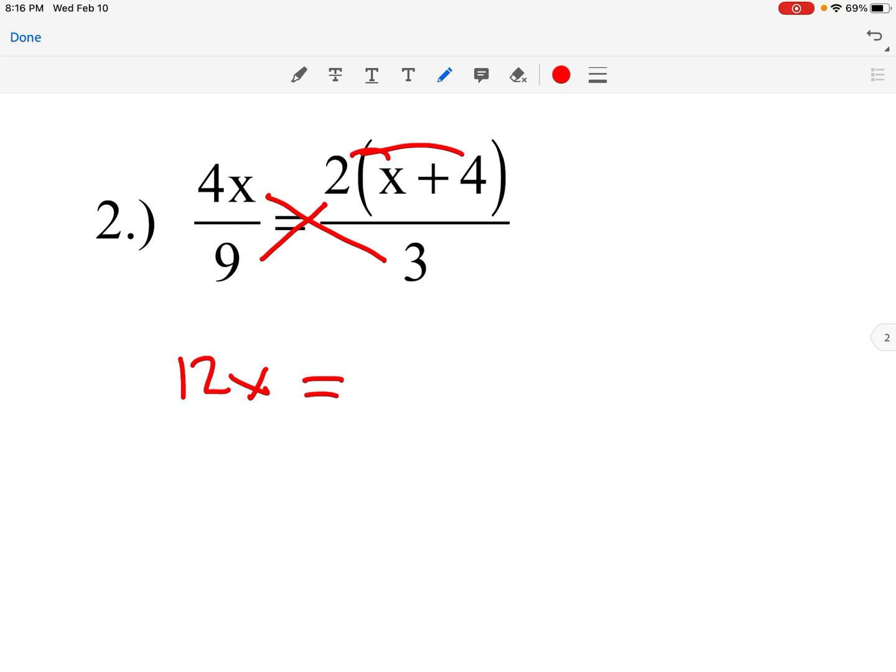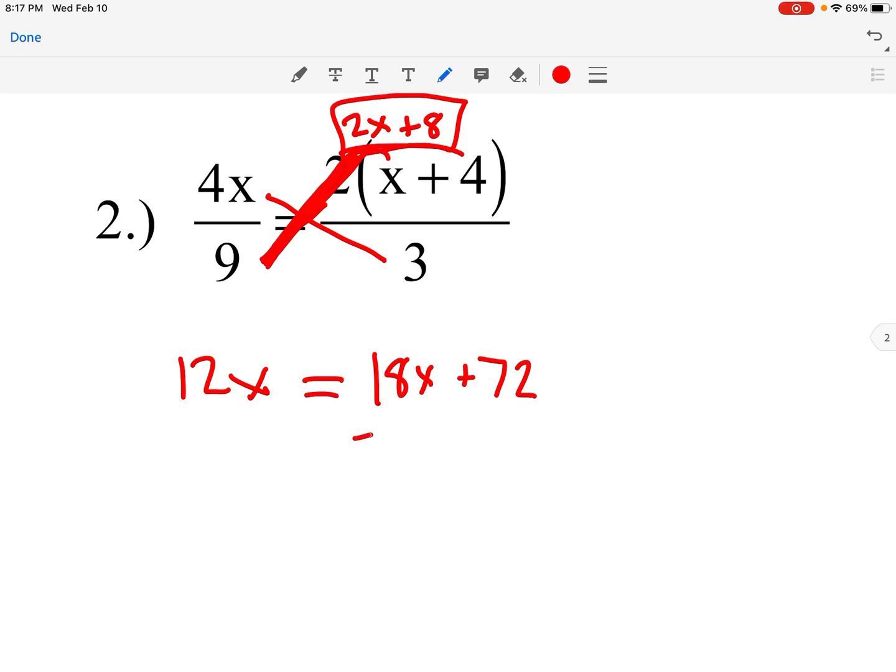I'm going to distribute and say this is actually 2x plus 8. Now when I do the 9 times the 2x plus 8, the big thing that happens here is the mistake that you're going to make. If you're going to make a mistake, it's going to be here. The 9 has to be multiplied by the whole thing, by both terms up there. So it has to be distributed. The 9 times 2x gives me 18x, and then the 9 times 8 gives me 72.